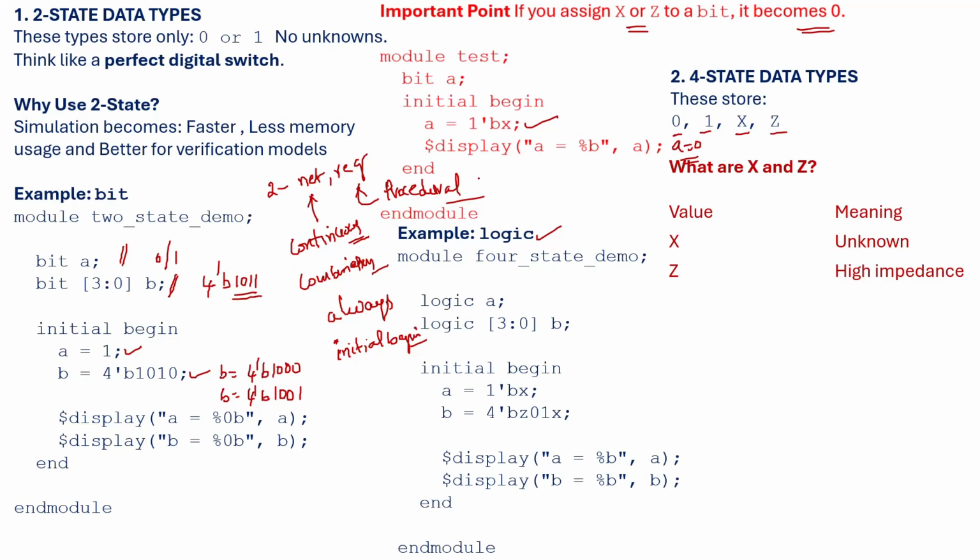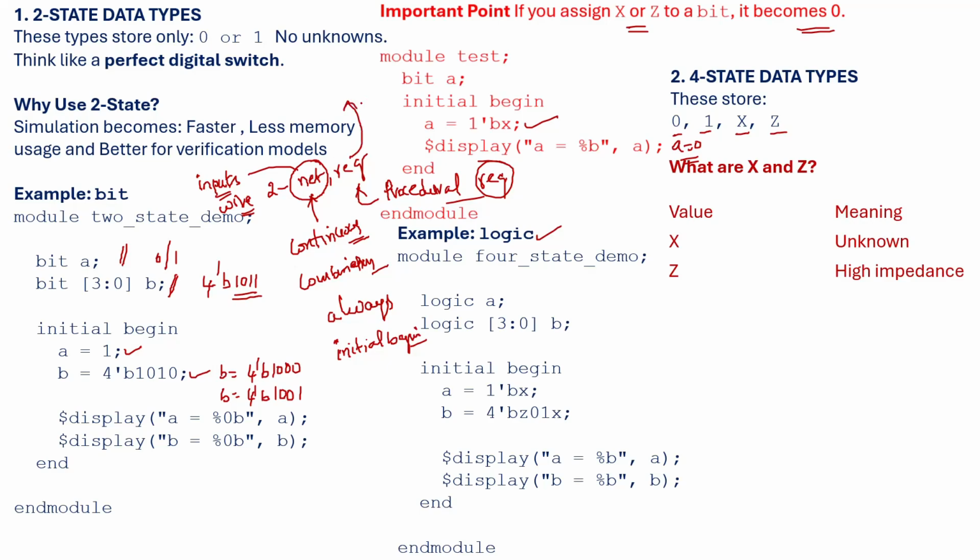That means reg type data types can store values, because they have some storage. Reg is a storage type of data type, which is why we mostly use it for procedural assignments. But for the net type, all the input ports use the wire data type, which is the continuous assignment.